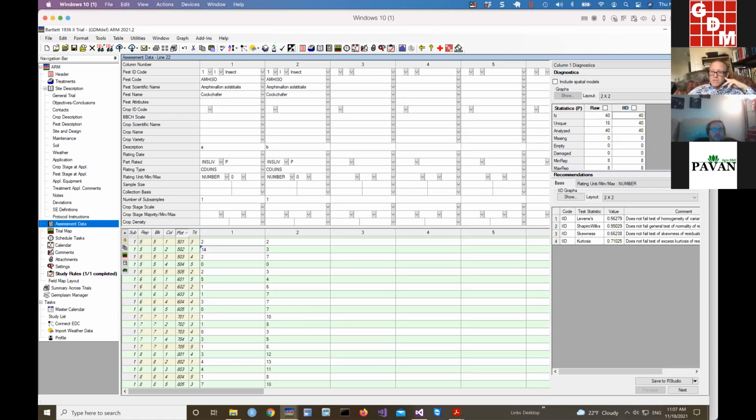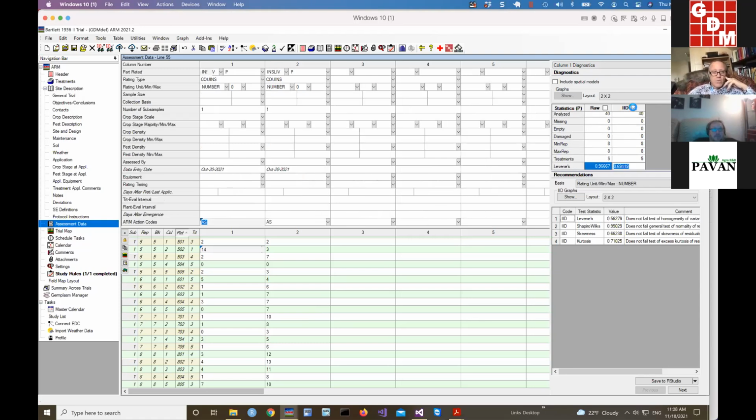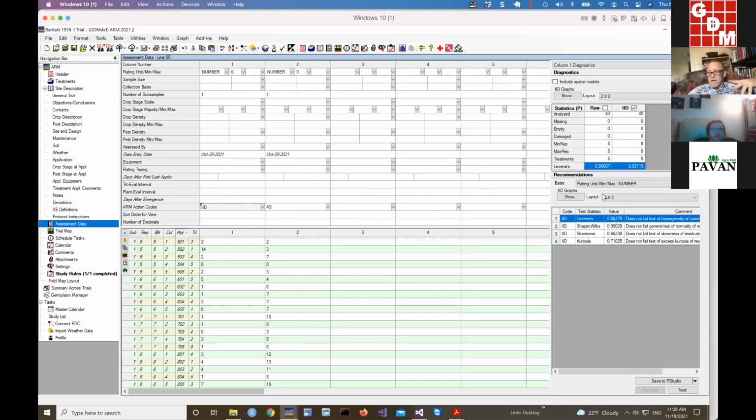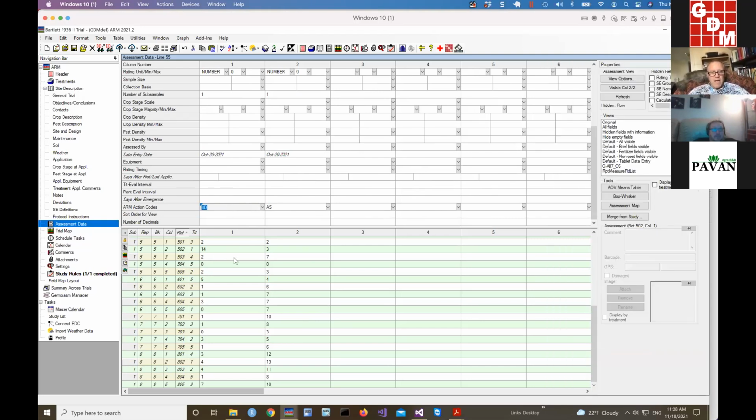We use the notation IID to imply a code that will be put into the ARM action code, meaning that this column has been examined and it has been decided, either through column diagnostics by someone looking at it or by someone manually typing in IID, that this data column has met the assumptions of analysis of variance.